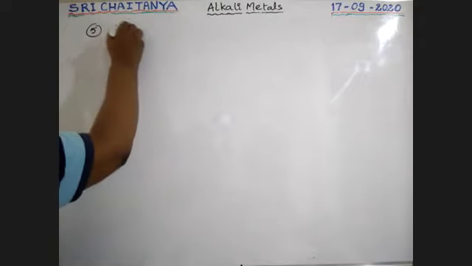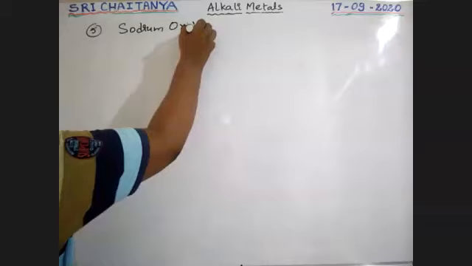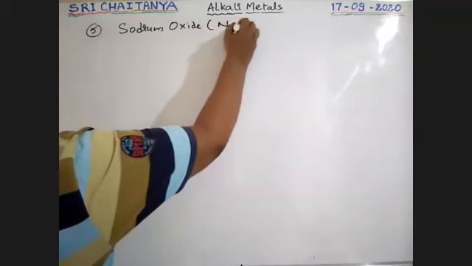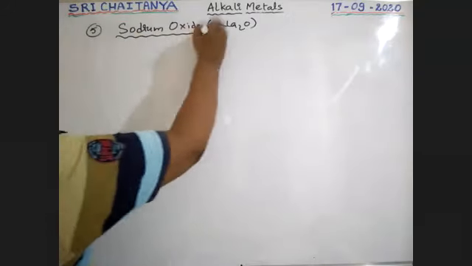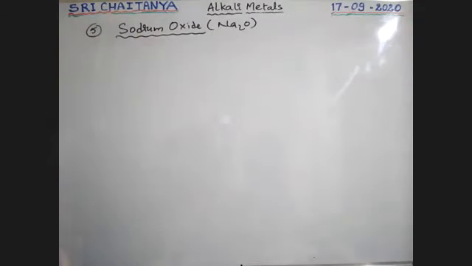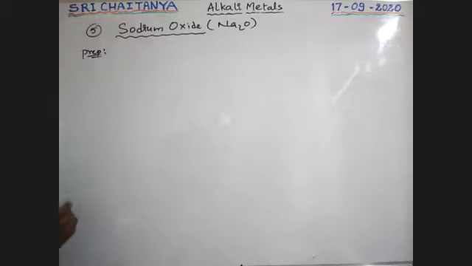Next compound, that is the fifth one, sodium oxide, formula Na2O. How to prepare this sodium oxide? So, the preparation method.